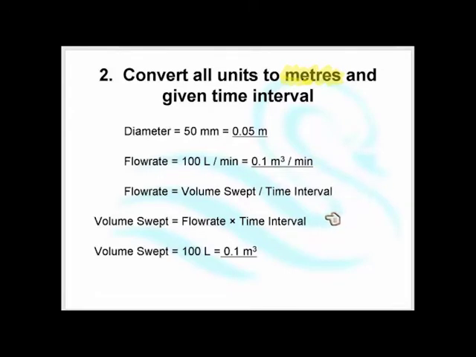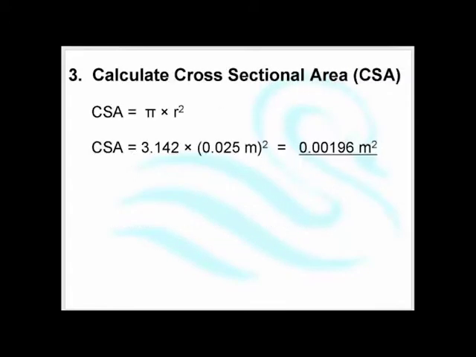So rearranging that equation, we end up with the volume is the flow rate times the time interval. In our case, we're using a minute as a time interval. So that means the volume is 100 litres, or 0.1 of a cubic metre.